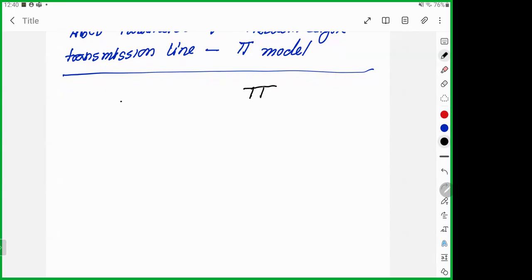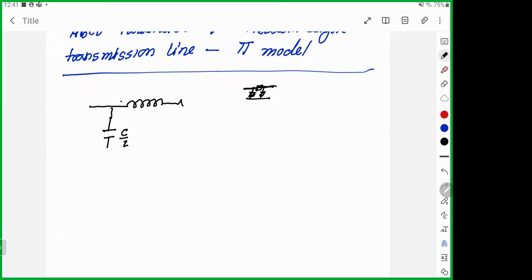So I will have the series impedance somewhere here, and I will have the shunt admittance on these two branches, divided into two equal parts. So this will be C by 2 of the whole transmission line, and the total series impedance will remain in the middle.